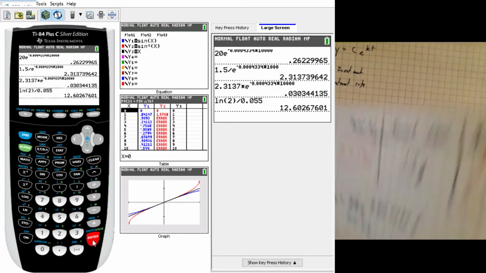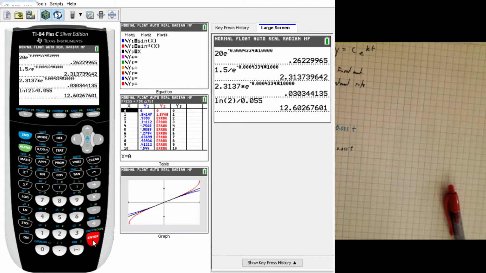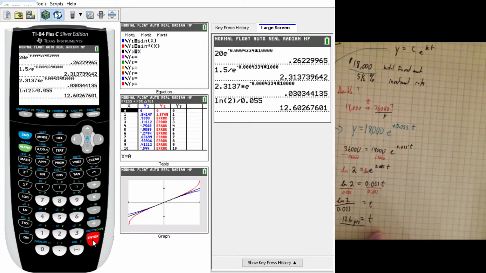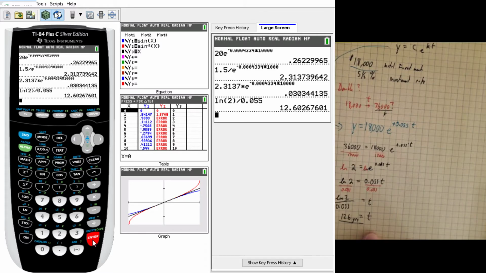If I'm talking to my best friend trying to tell him how to invest, I'm not going to say 12.602676601. That's just a waste of my time and their time. I'm just going to say 12.6 years, or a little over 12 and a half years. And so this is how long it's going to take for this investment to double.